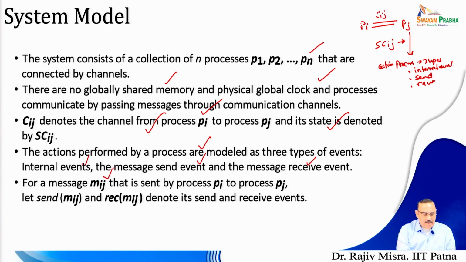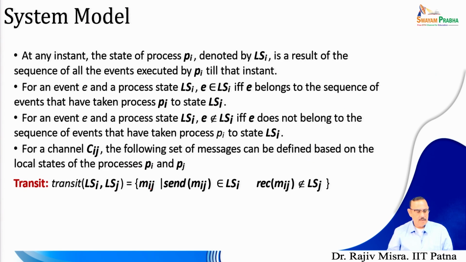Now, for a message M_ij that is sent by process i to j, send(M_ij) and receive(M_ij) denote its send and receive events. At any instant, the local state of process i, LS_i, is a result of the sequence of all the events executed by P_i till that time.